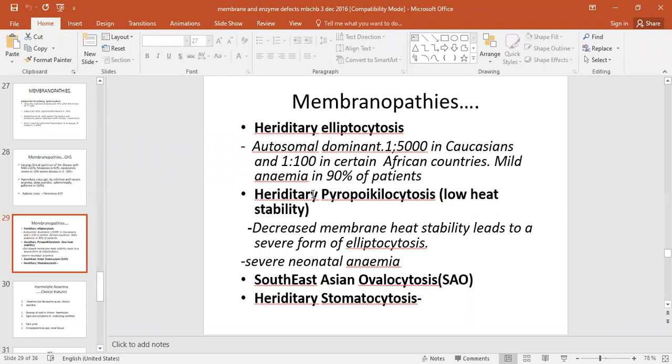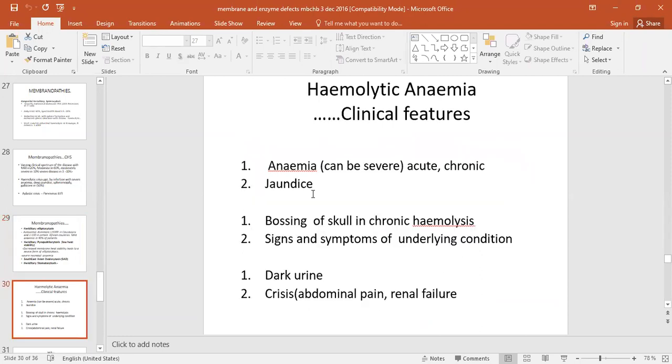I think of importance for us is to remember that these disorders exist, and patients will tend to present with other clinical symptoms that may not easily be distinguishable from other causes of hemolysis. So if you look at the clinical features generally of any hemolytic picture, including membrane-related disorders, the first obviously is anemia, which might be acute or chronic.